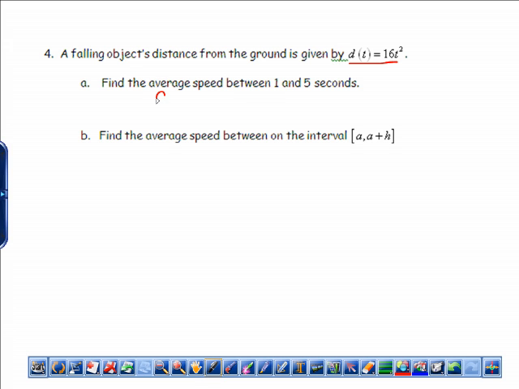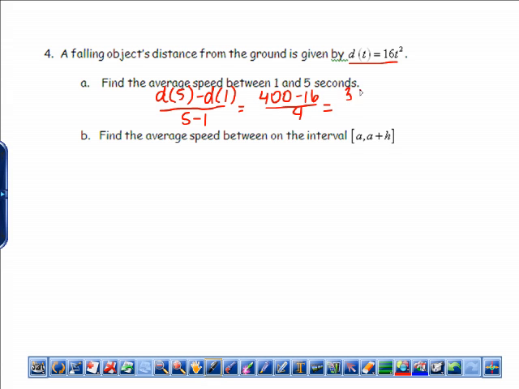So what we're going to do is we're going to do d of 5 minus d of 1 over 5 minus 1, and you definitely have a calculator here because this is a word problem. So d of 5, if you plug 5 in, 5 squared, 25 times 16, that's going to give you 400. And if you plug 1 in, it'll just give you 16. 5 minus 1 is 4.